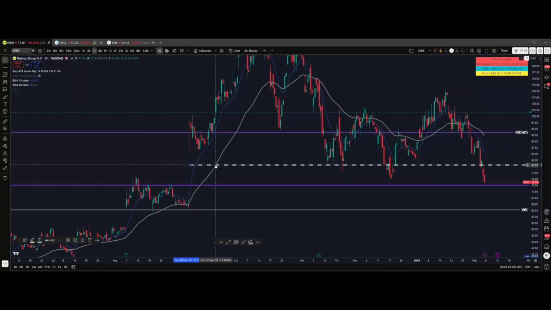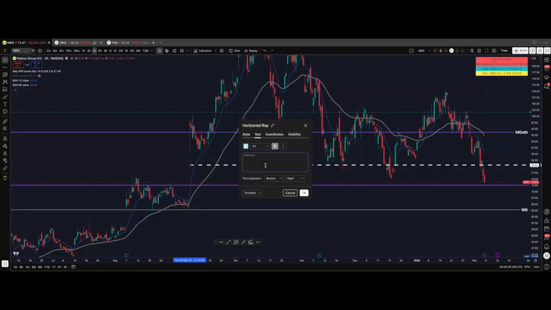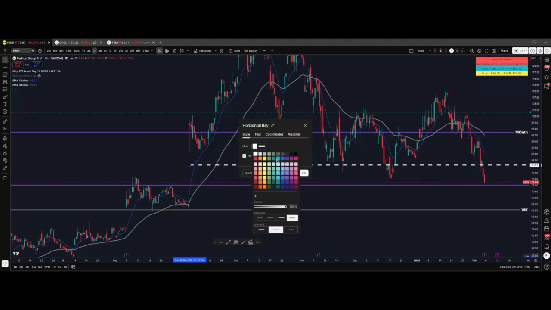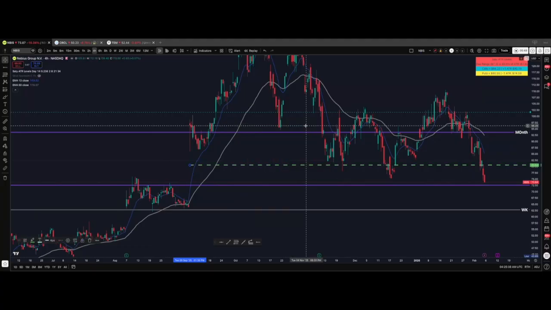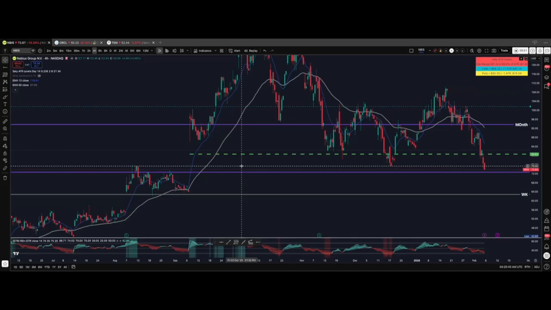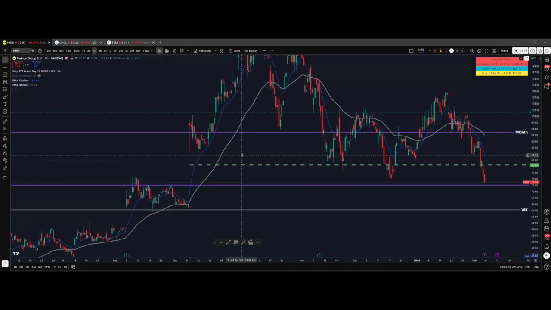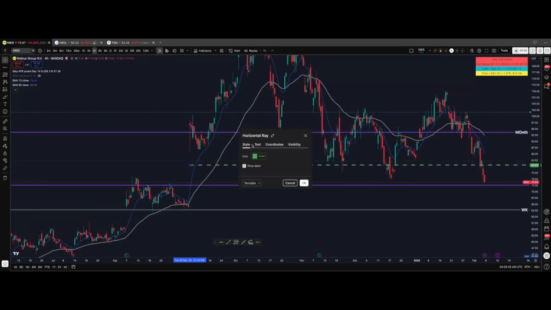And what I like to do with these lines is I use green if it's going up, so that it's easier to see that okay, this is a profit. And what I also like to do is write in TP1.